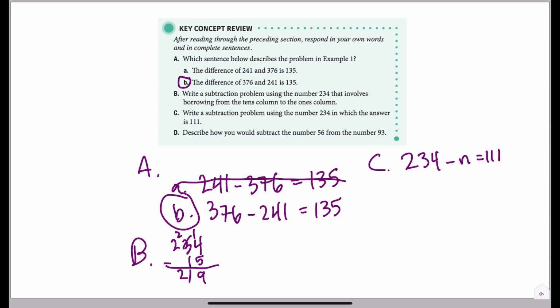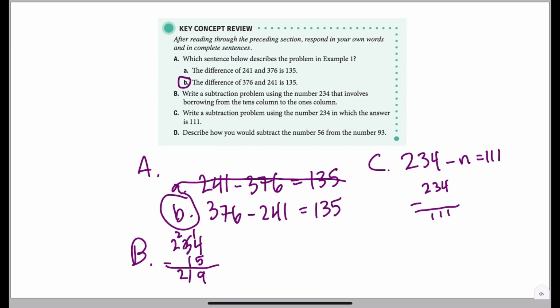That would be a subtraction problem using the number 234 in which the answer is 111. So that would be perfectly fine. But this one seems like a little bit more fun to me for some reason. So 234, what number would leave me 111?